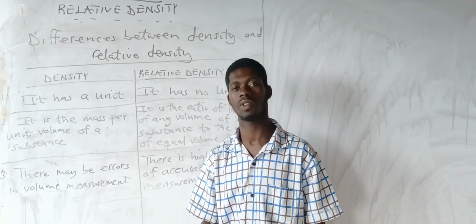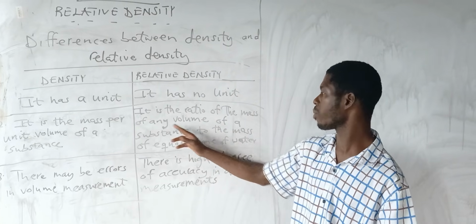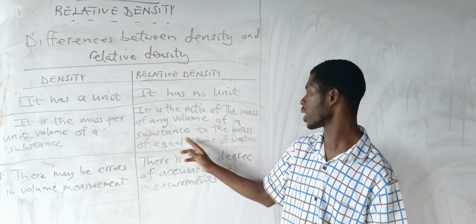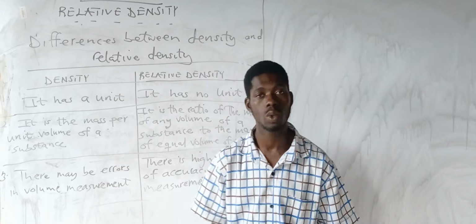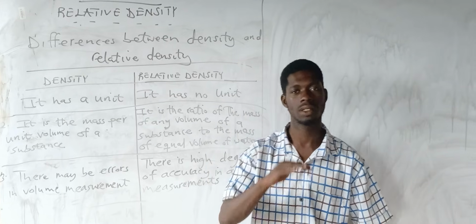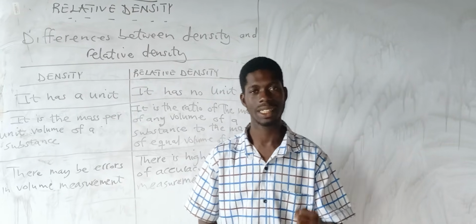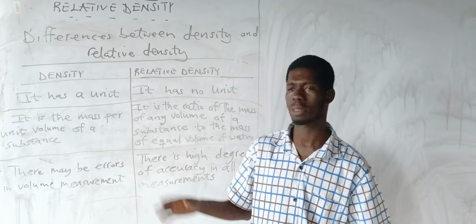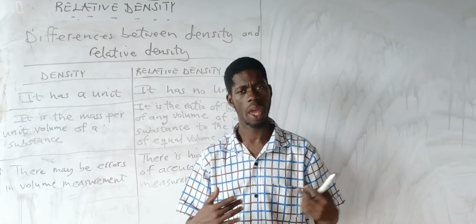The second one says that density is the mass per unit volume of a substance, whilst relative density is the ratio of the mass of any volume of a substance to the mass of an equal volume of water. They use their definitions to differentiate between them. When it comes to density, it's the mass per unit volume of a substance.